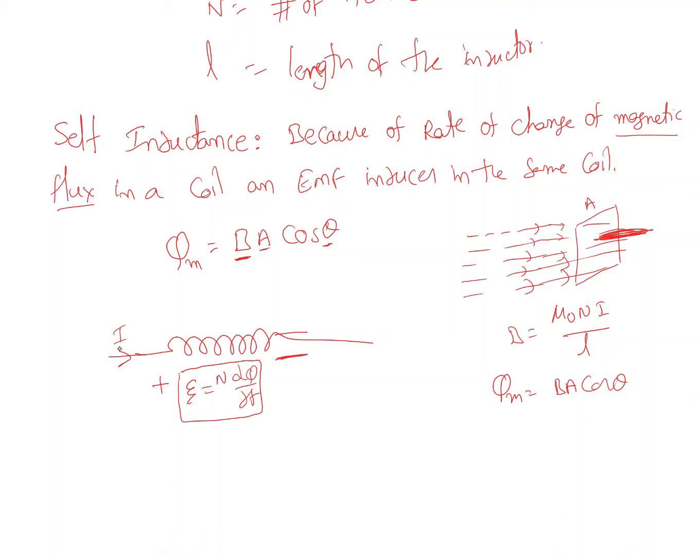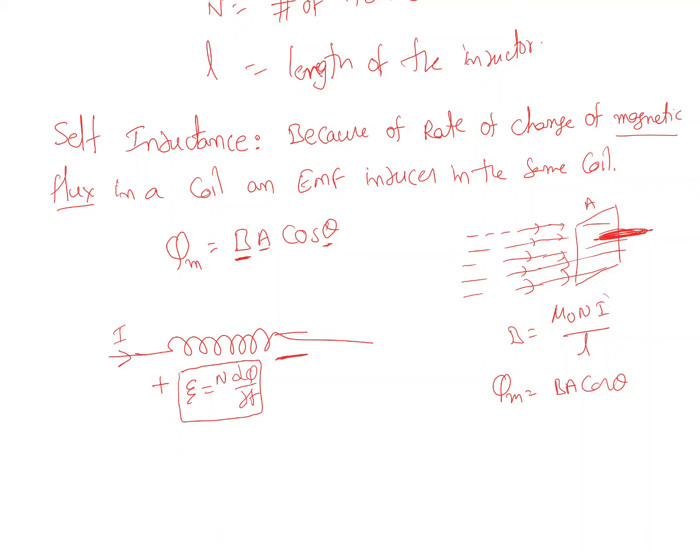Say, for example, this current is DC current. What is the rate of change of current? 0. So is there any voltage across this? No, that value equals 0. That indicates that this inductor behaves like a short circuit in DC. When it comes to AC, the current changes all the time, so the B value changes all the time.